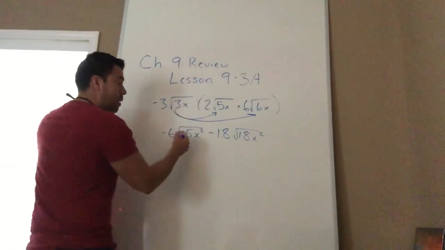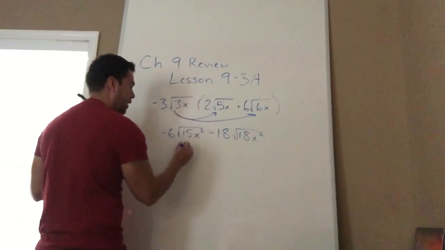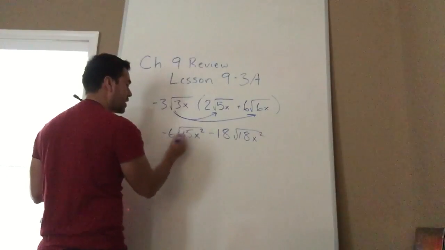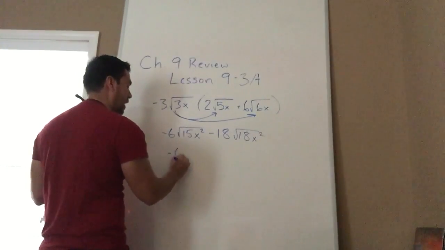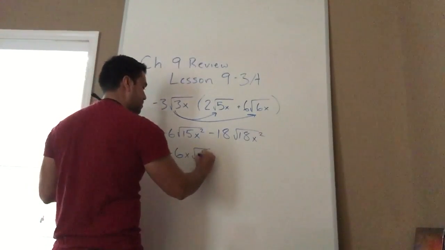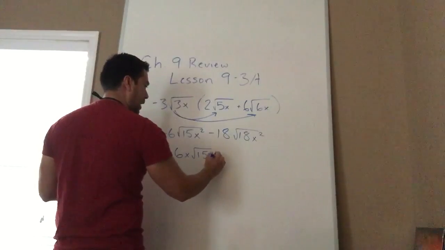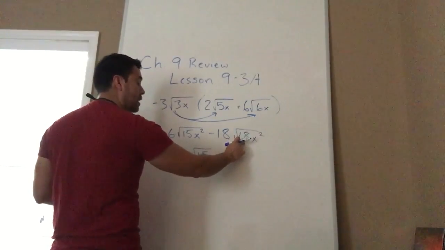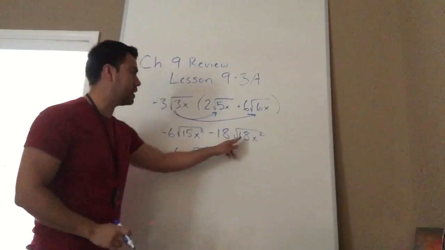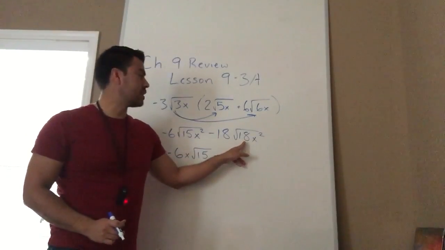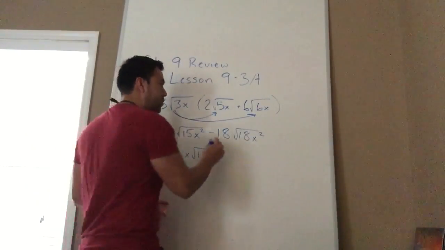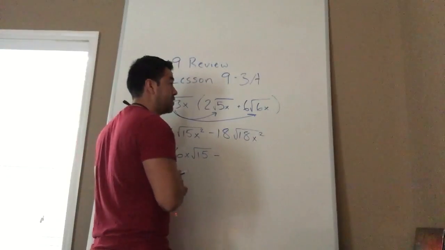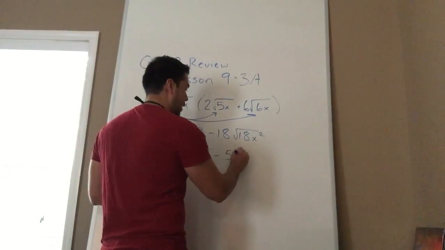And then remember, always simplify your answers. So here I got 3 and 5. Nothing comes out with the numbers, but I do get an x to come out. And then here I have a 9 that comes out. So a 9 times 2 is here, right? So then I can take out a 3. 3 times 18, I believe, is 54. -54.